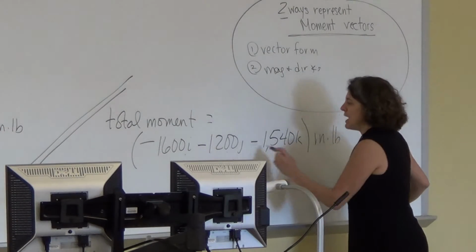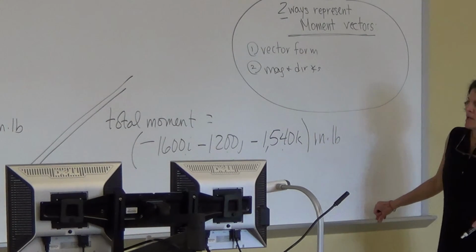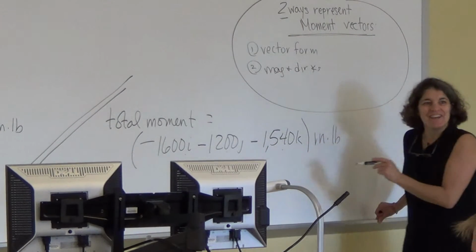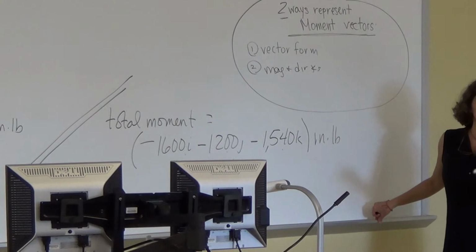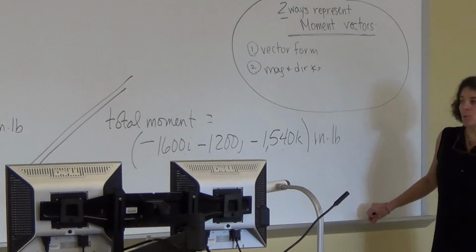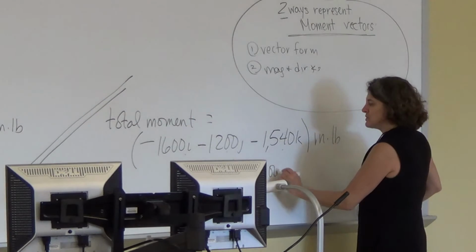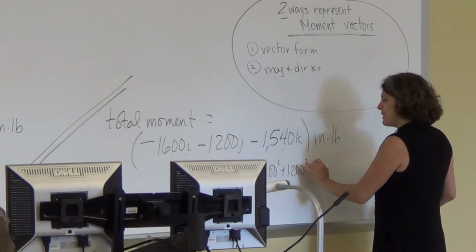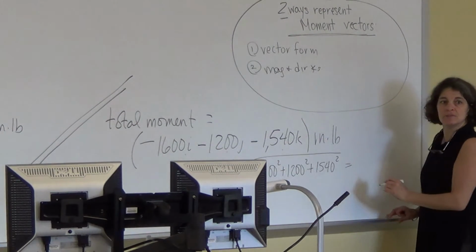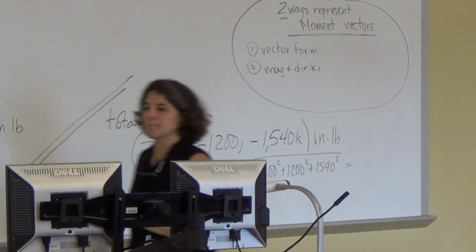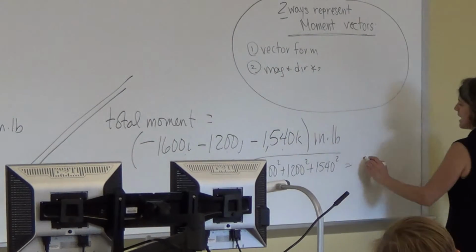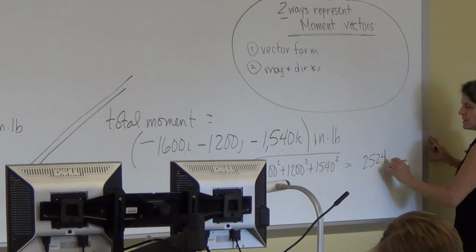If you had the X, Y, and Z components of a force and you wanted to find the magnitude of the force, what would you do? Square them all. So it's 1600 squared plus 1200 squared plus 1540 squared under the radical, and what does it come out to be? Somebody do it already? 2524. Let's skip decimals now.